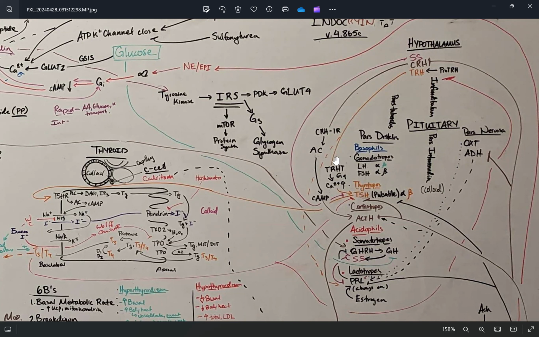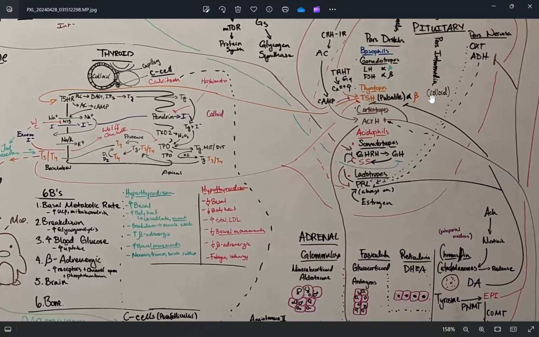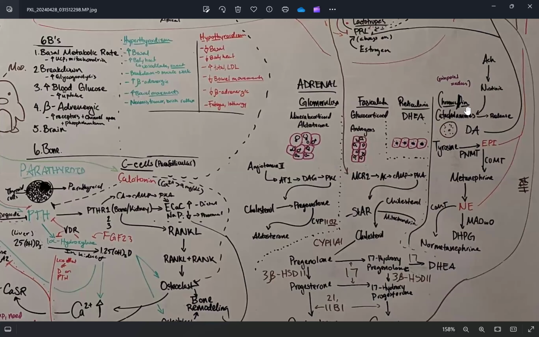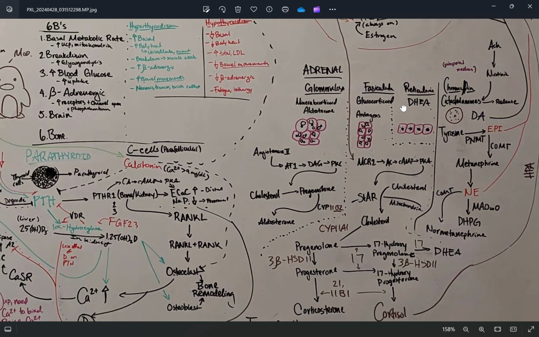What else do your adrenal glands make? Going to your reticularis, it hijacks a lot of the same proteins making cortisol, except you use CYP17 again to make DHEA. For glomerulosa, where you're making aldosterone, again, you're using cholesterol as your progenitor molecule.